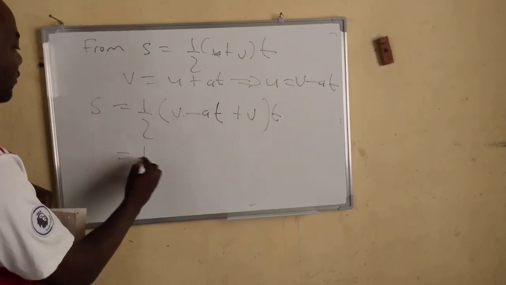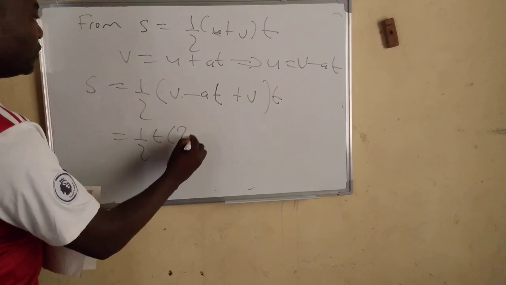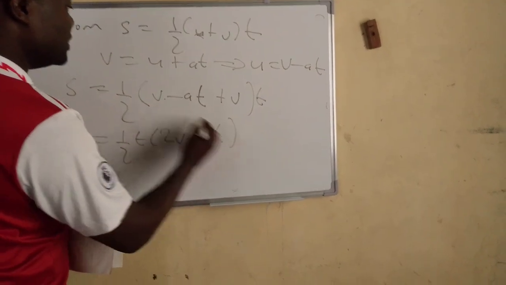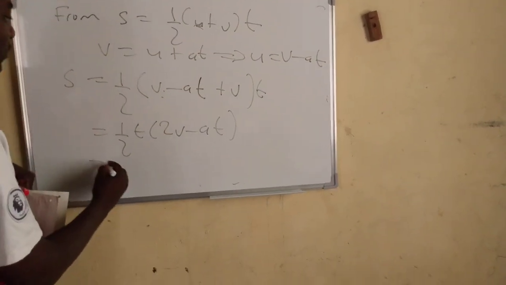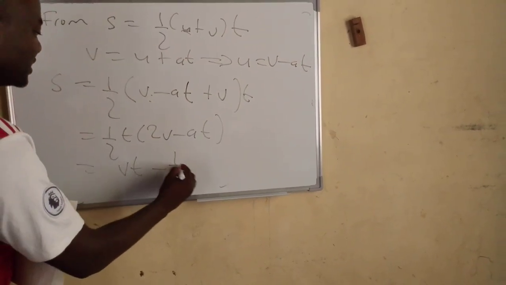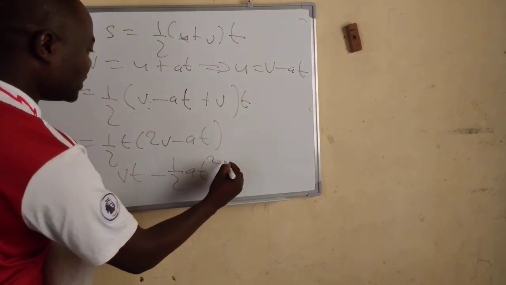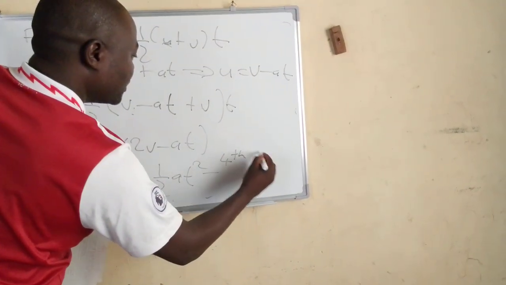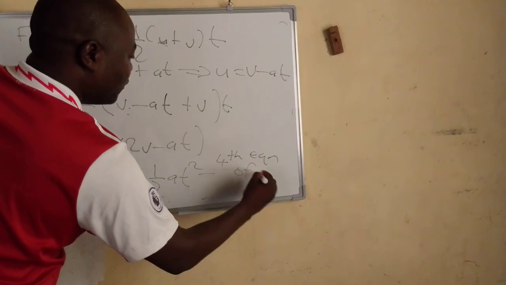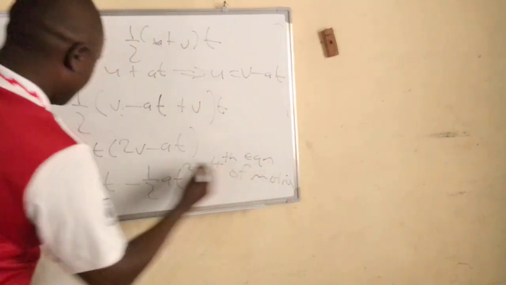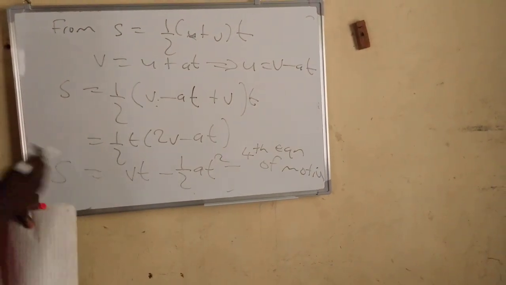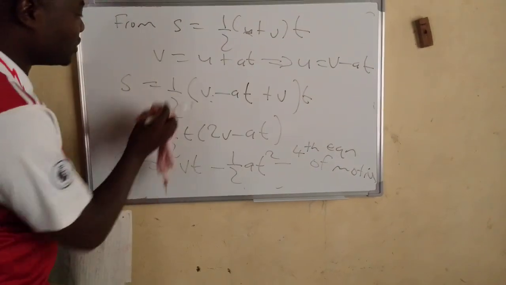So we'll have half t (2v minus at), since v plus v is 2v. So we'll have vt minus half at squared. So s is equal to vt minus half at squared, the fourth equation of motion.